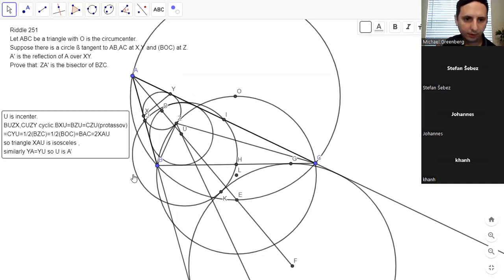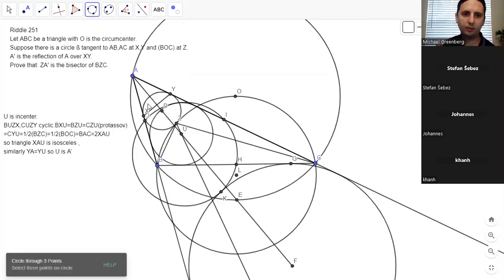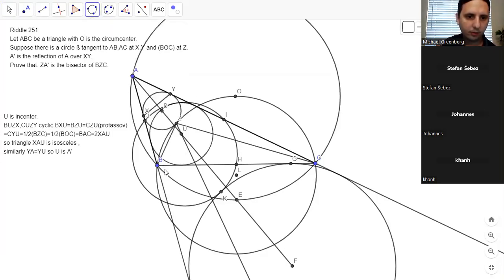So U is the incenter. So we mentioned this as part of the proof of Protassov, but then he's saying it's equal to CYU. So yeah, BXU equals CYU.